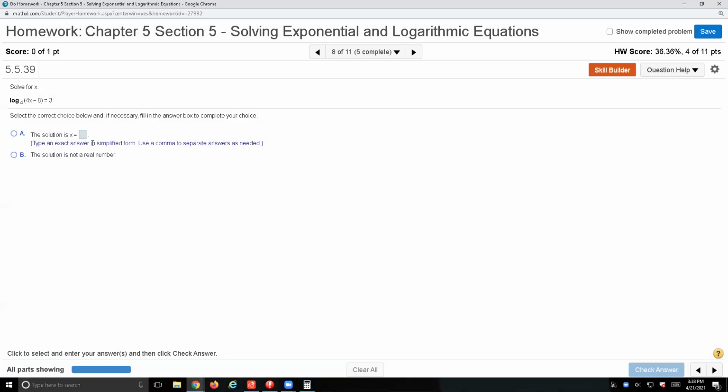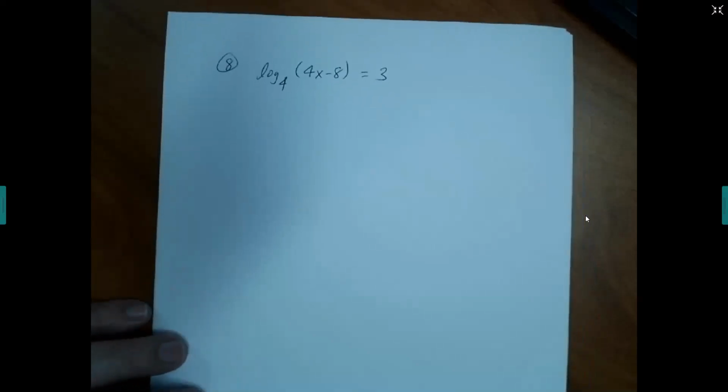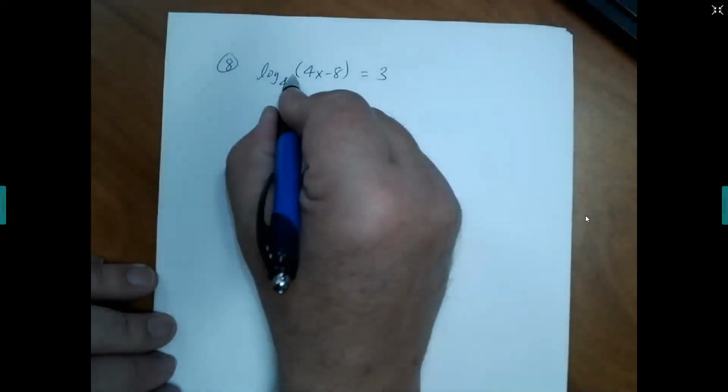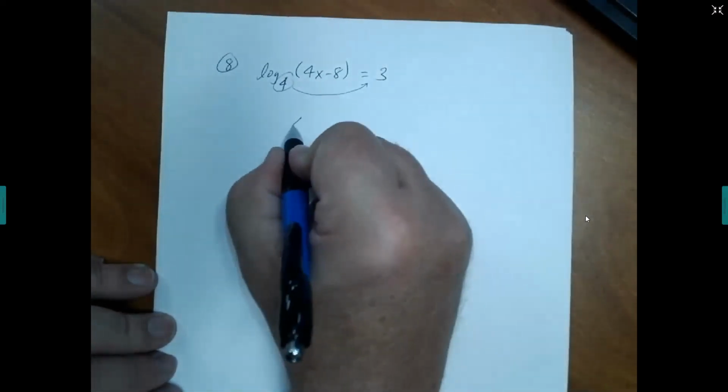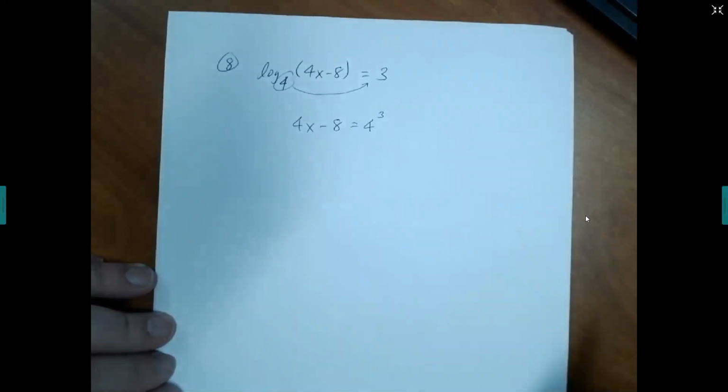Number 8. Log base 4 of 4x minus 8 equals 3. Let me switch over. So it's 4x minus 8 equals 4 to the third.